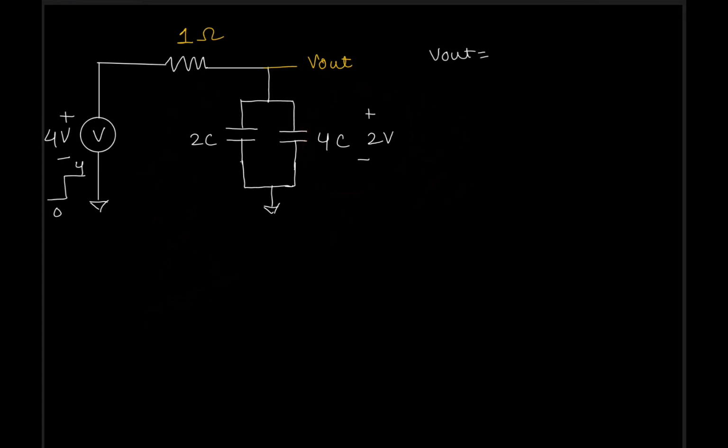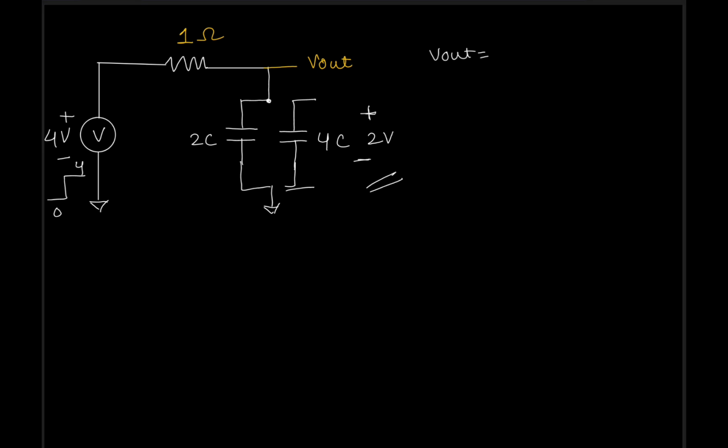What this question refers to is that before t equals 0, this capacitor was open circuited, and it was charged to +2 volts. So this is the meaning of the question.